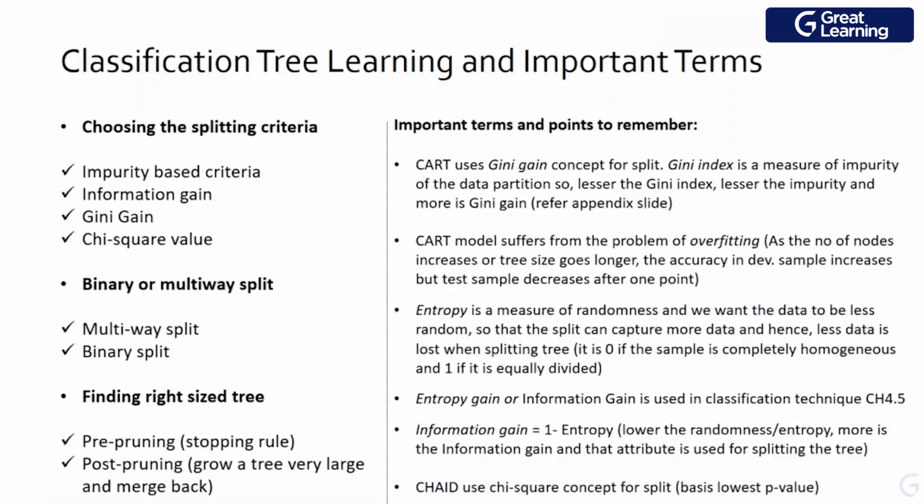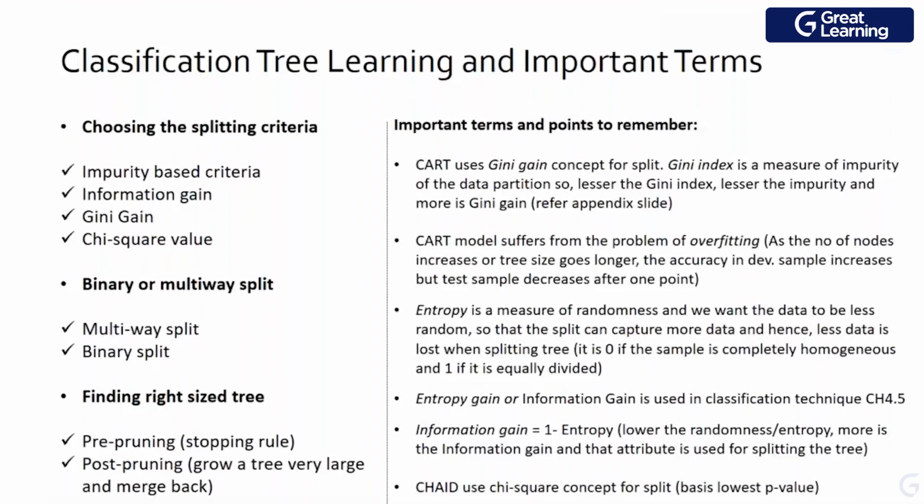So you want the Gini index to be lesser, and hence the Gini gain is more, because the Gini index is inversely proportional to the Gini gain. So it will use Gini gain as the splitting criterion. Whichever node and whichever variable at whichever split point gives the maximum Gini gain, there it will split the particular node.